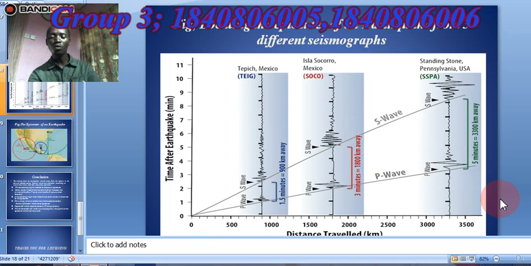So we are going to be drawing for each one a circle with a radius equal to the epicentral distance measured by a particular seismograph.